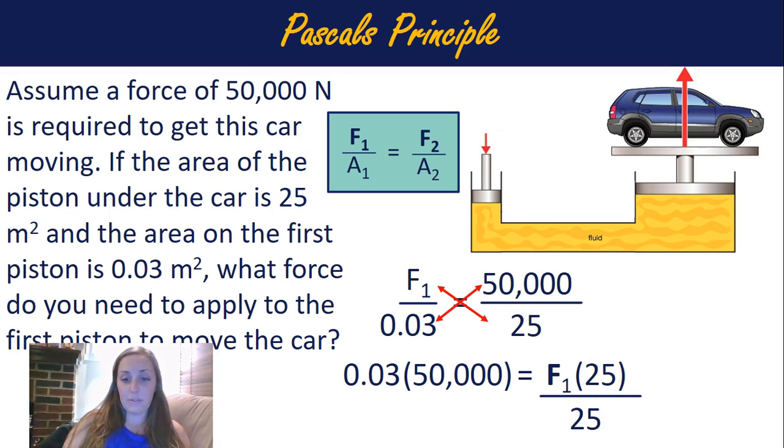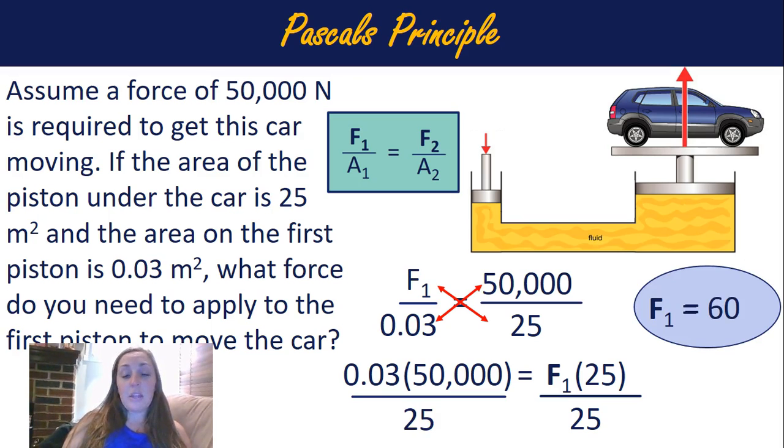So divide by 25 on the right. So you have to divide by 25 on the left. And you find that you actually only need 60 newtons of force to get this whole thing moving. So what's really cool is you only put in 60 newtons of force down, but you're going to get 50,000 newtons of force up, which is crazy.